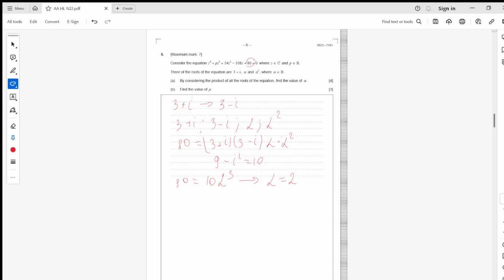We can just say that the sum of our roots is equal to minus p. So just write out all our roots.